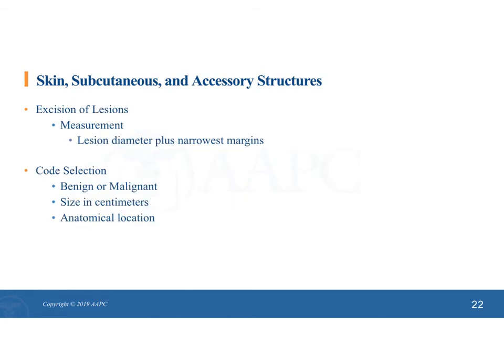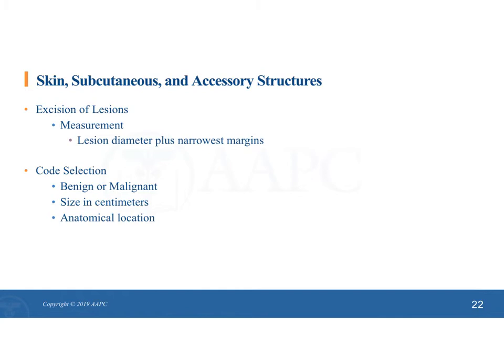As we move on to excision of lesions, you'll see there's an illustration in your CPT code book showing the method for measuring lesions. The measurement is critical for correct code selection. The lesion diameter plus the narrowest margins required equals the excised diameter.